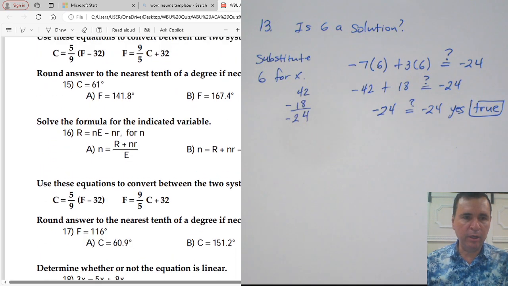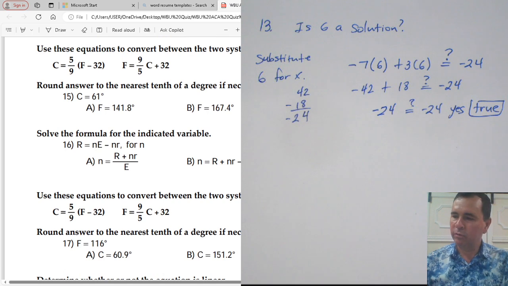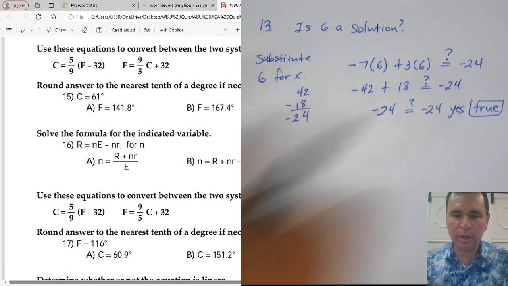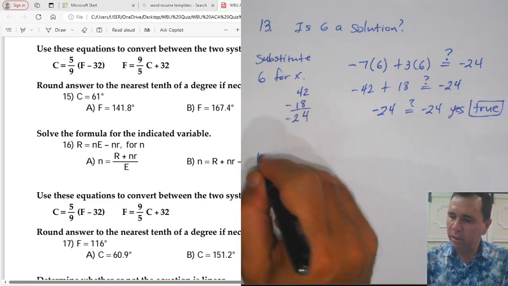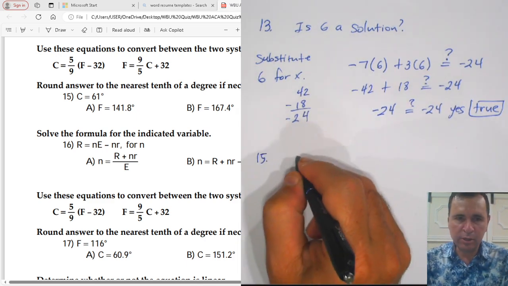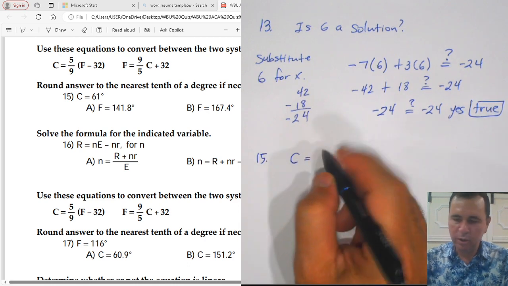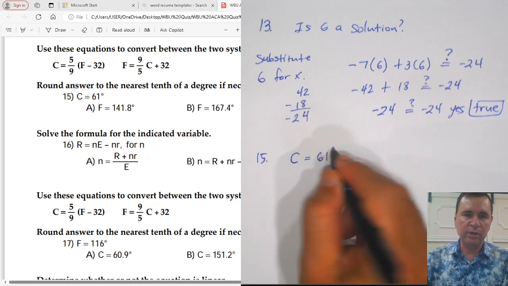Okay, for 15 and 16, you have to use the conversion formulas for converting degrees Fahrenheit to degrees Celsius. So for 15, they tell me Celsius is equal to 61 degrees Celsius.